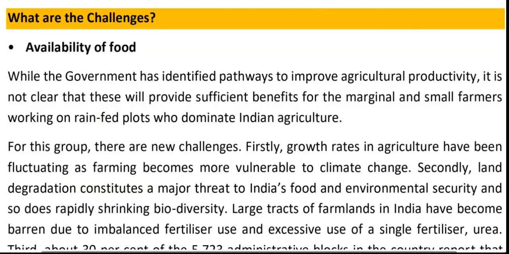Now let's see what the challenges of food security are. Before that, I'll tell you why these challenges exist. The first reason is the unavailability of food, that is, the lack of food grains in the appropriate amount, and even if available in the right amount, being beyond people's capacity so that they cannot afford it.